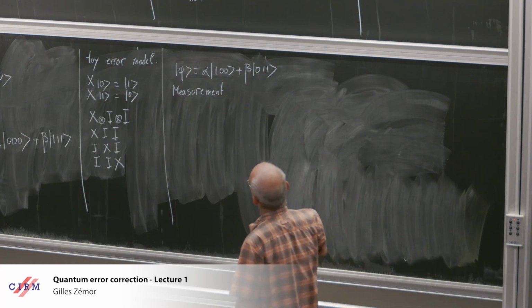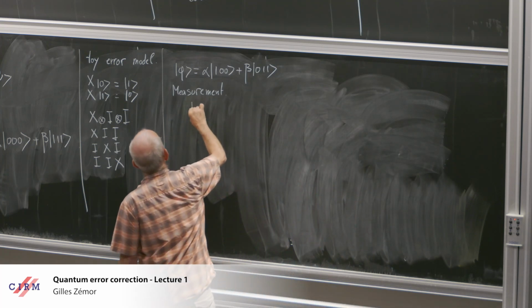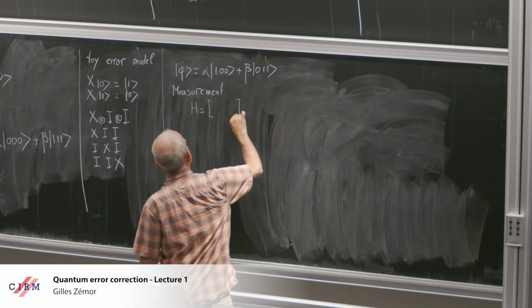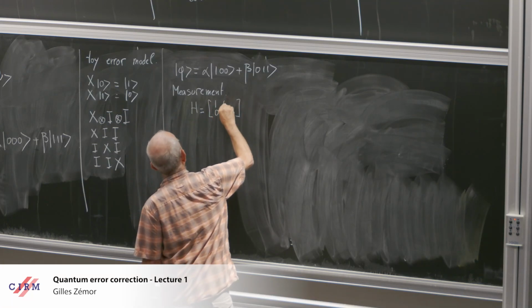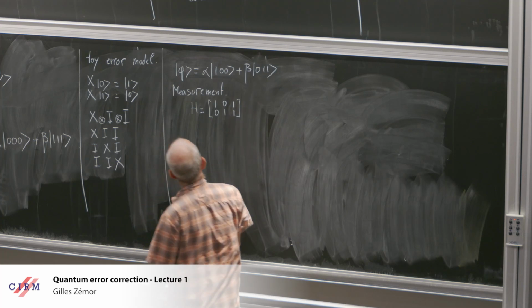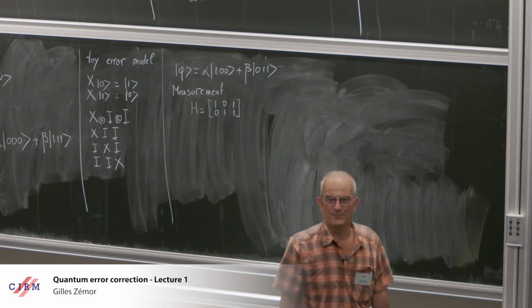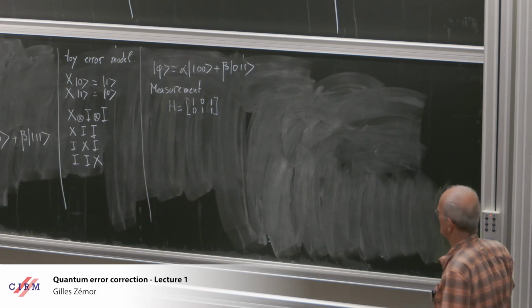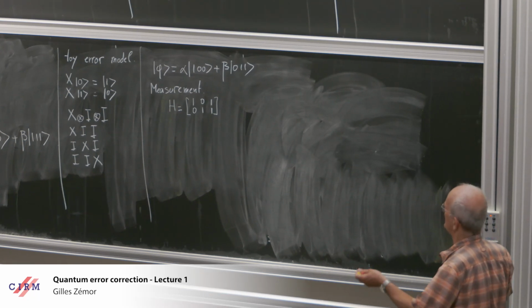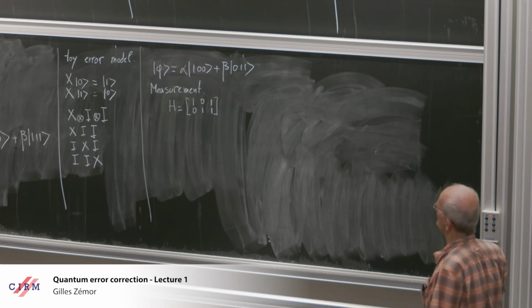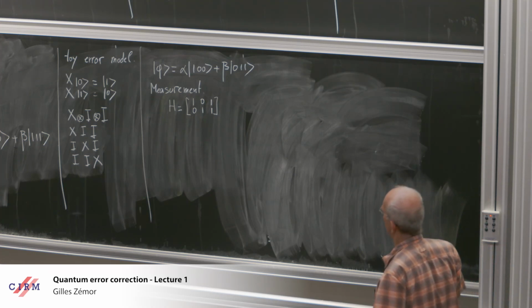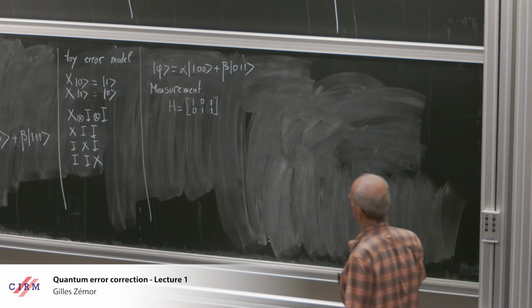So we need to measure something. So what can we do? Let me reintroduce our little parity check matrix that we had before. Before, one way of applying error correction to the repetition code was to compute this little syndrome, the syndrome corresponding to this matrix.